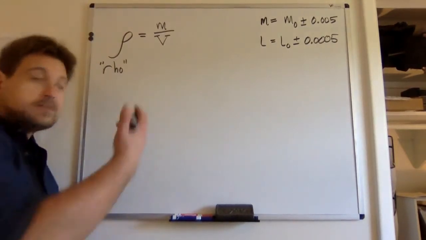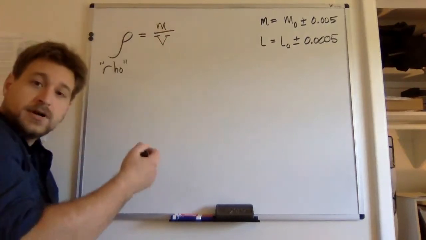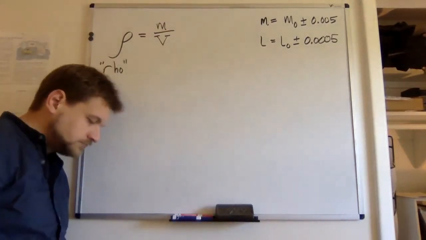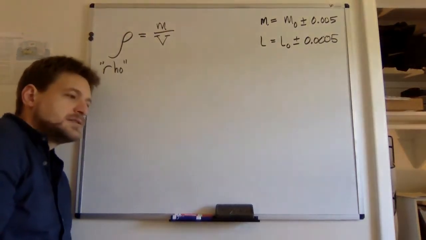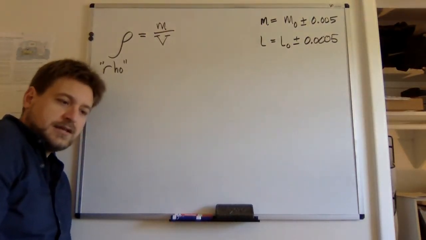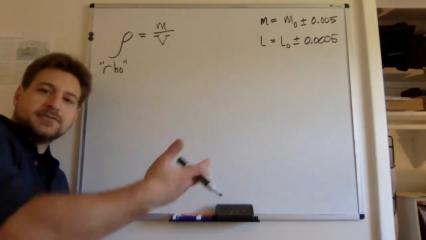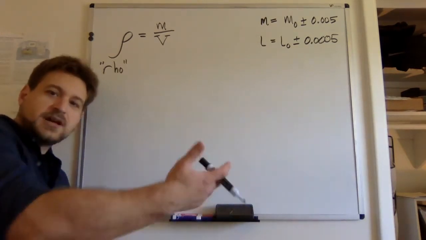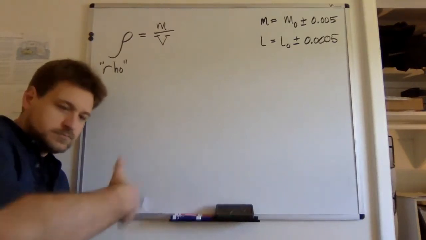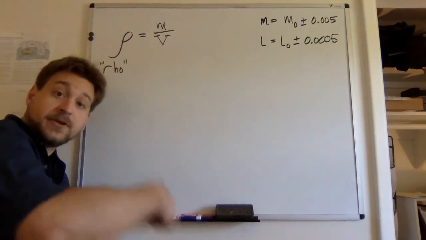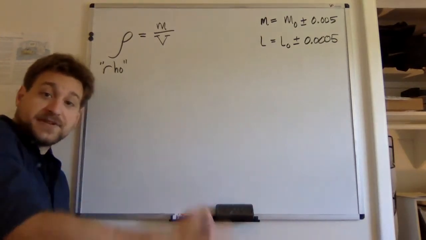Let's pretend that mass and volume are functions of some other variable, such that we would need the chain rule. We could take the derivative of mass, but then we would need to talk about the derivative with respect to some other variable that mass is a function of.